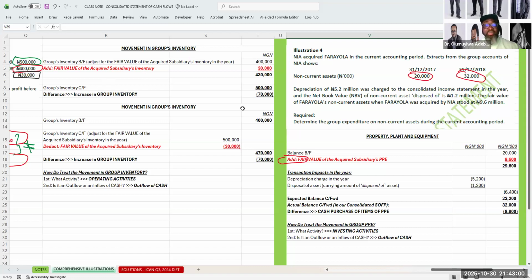Therefore, to make them comparable, we brought in by adding the fair value of the acquired subsidiary's inventory as at the date of acquisition. It's at that point we look for the movement, which gave us 70. Or we remove that same 30 away from this 500 to make it comparable with the beginning, and we still get the same thing. Either way, we are going to get the same thing.